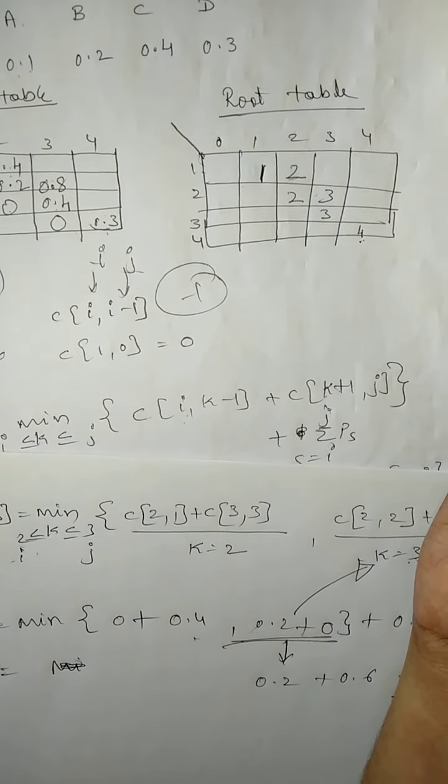So the minimum: C10 is 0, C23 is 0.8, plus.